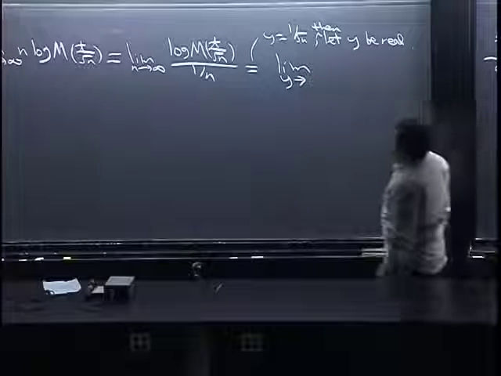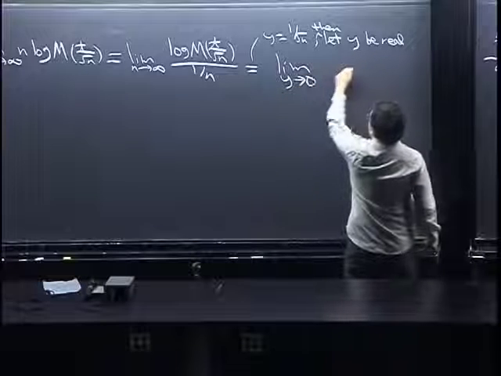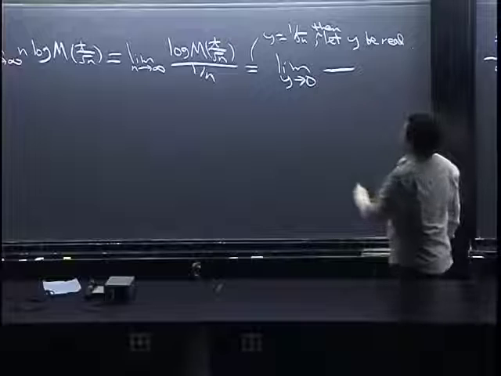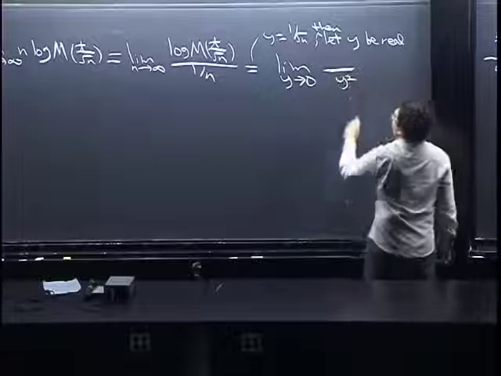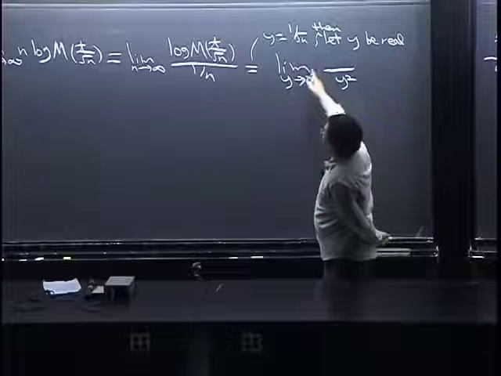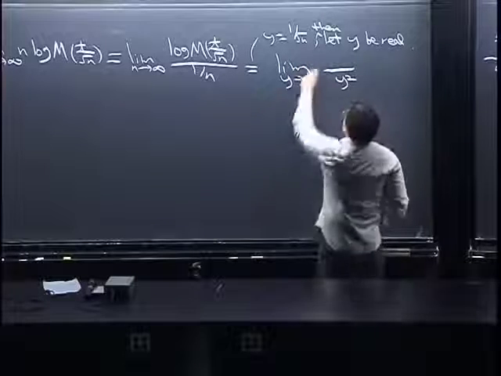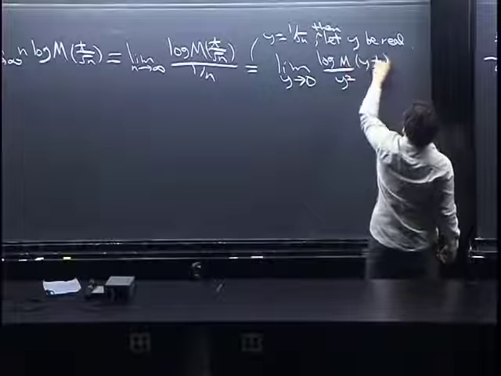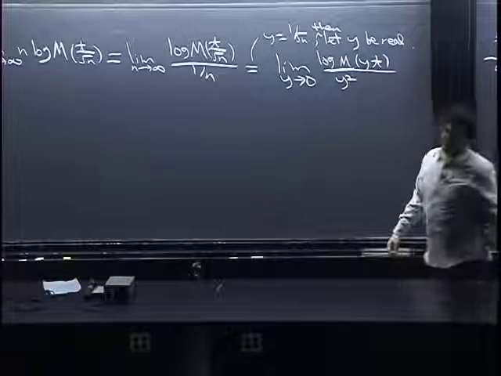So as n goes to infinity, y goes to 0, and 1 over n is y squared, so the denominator is just y squared. The reason I did it this way is that 1 over root n is just y by definition, but then the numerator is just log M of yt. That's a lot easier to deal with because we got rid of the square roots.